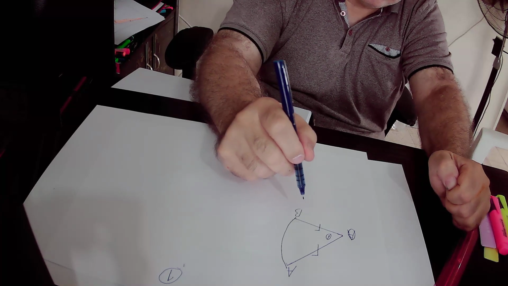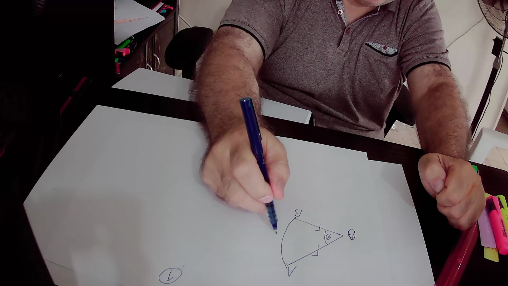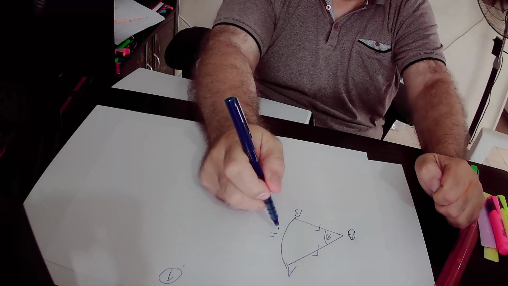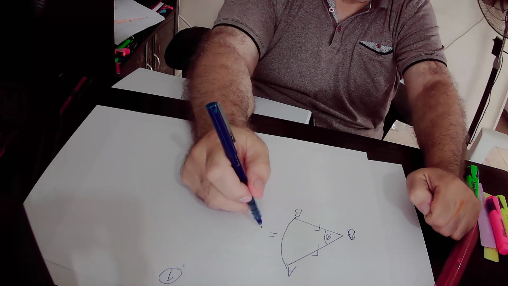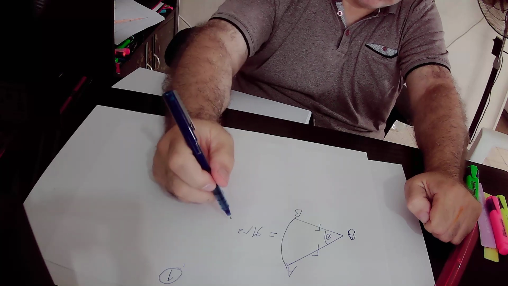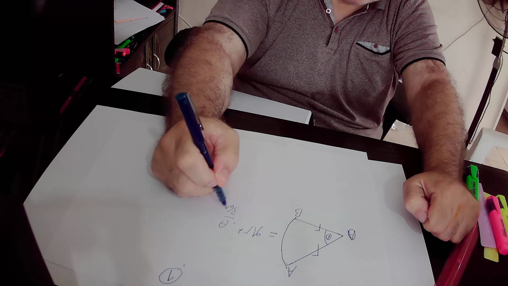Then the area of this sector will be equal to the area of the circle that contains this sector, that is pi r squared, times theta over 360 degrees.